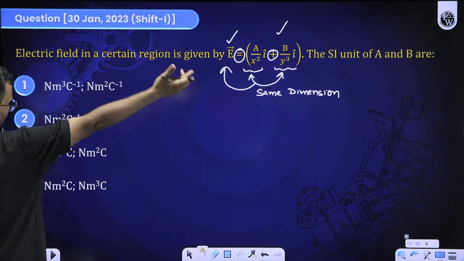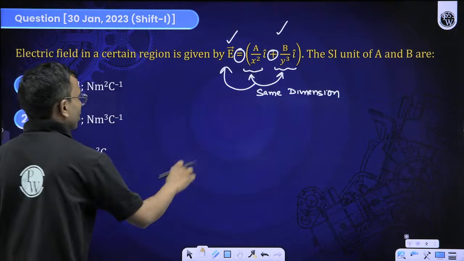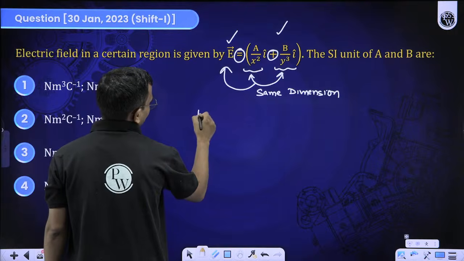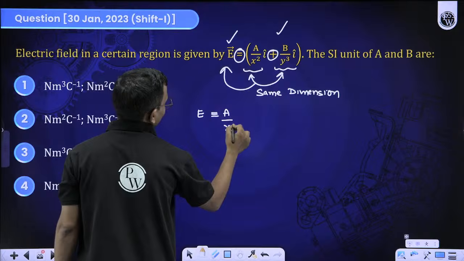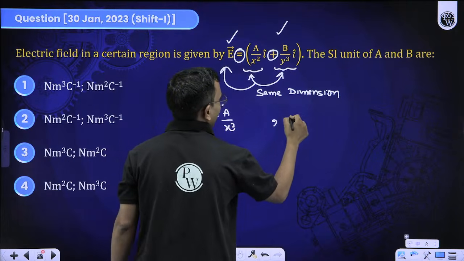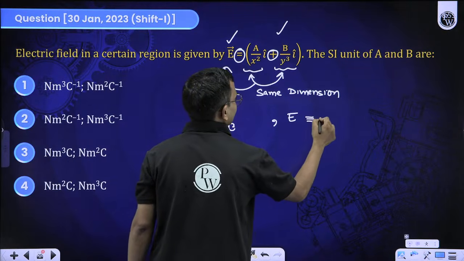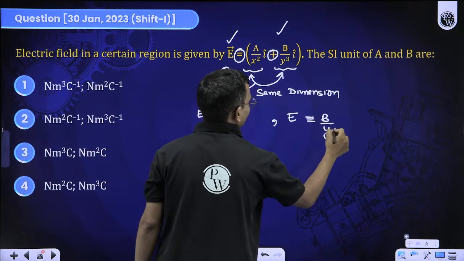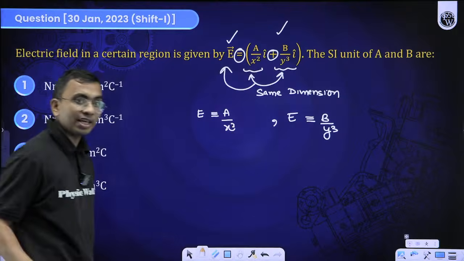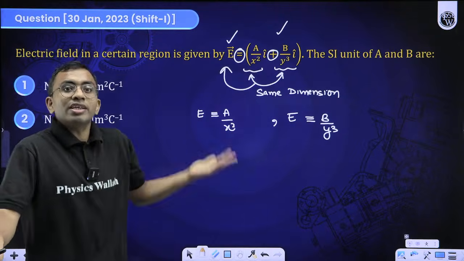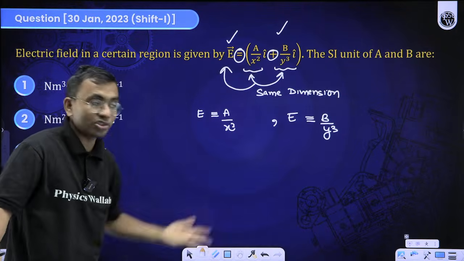Dimensions or unit, whatever it is, they are the same. Now I can say that electric field is dimensionally equal to A by X square, and electric field is dimensionally equal to B by Y cube. These equal signs which I'm using here are dimensionally equal, not equal.